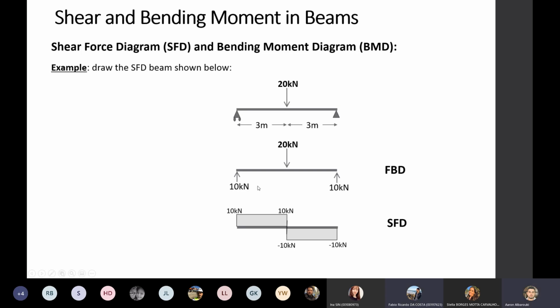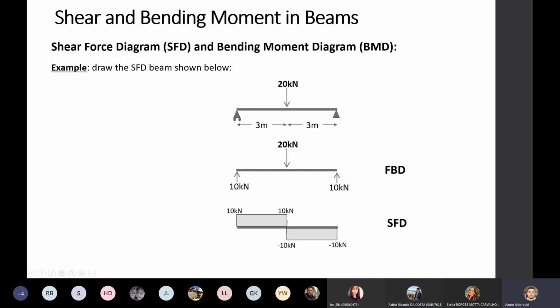No, so you're saying if I have a 2 kilonewton here? Yes. That 10 will go until we reach that 2 kilonewton. That will drop to 8 and then go straight away to 8. And then whatever the value here would drop.